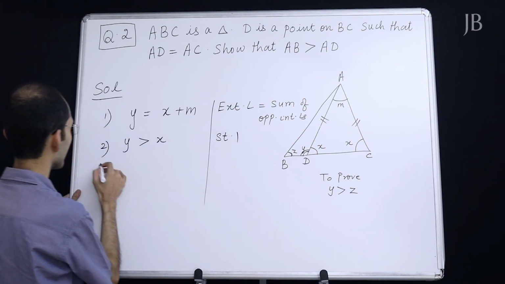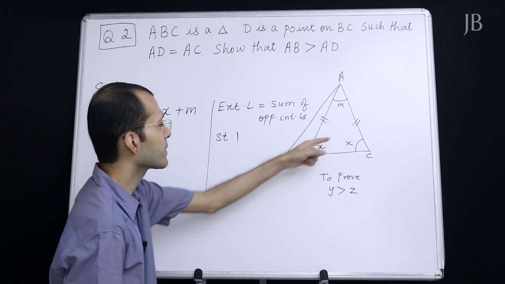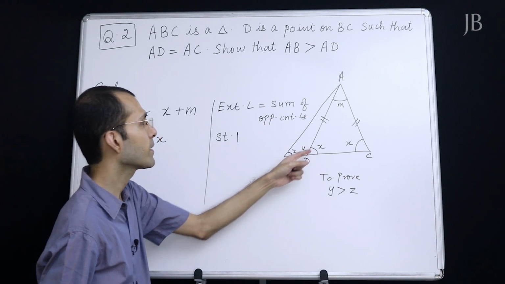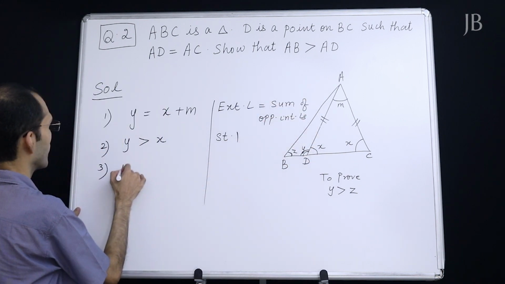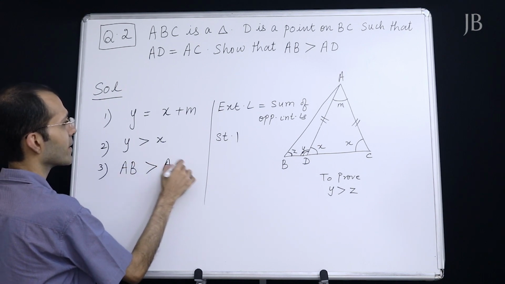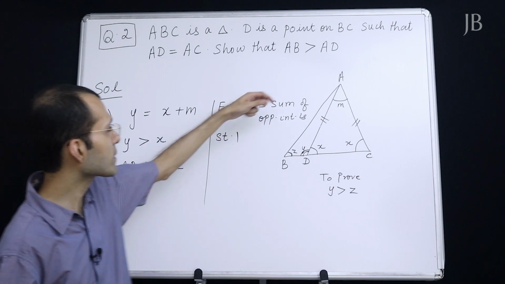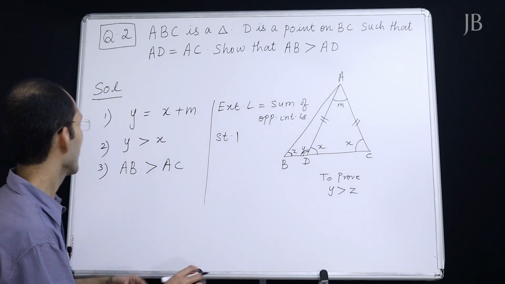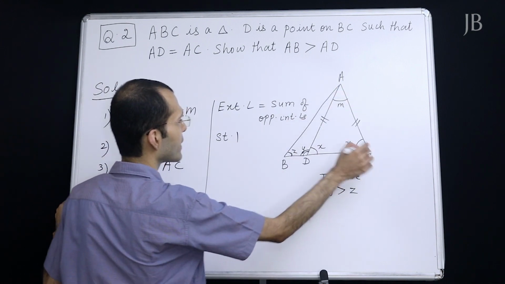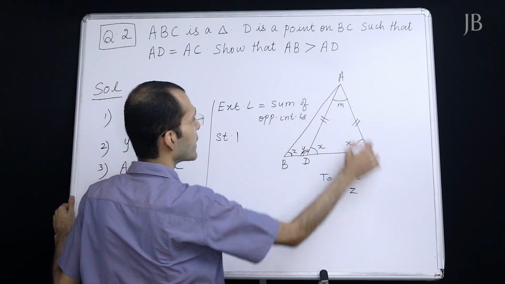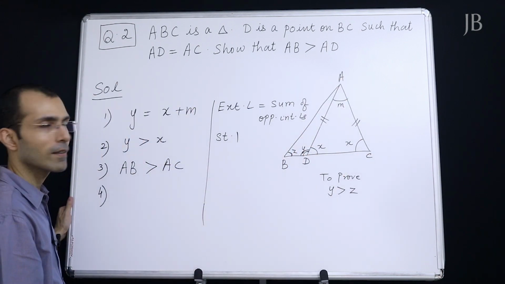Statement 1. If Y is greater than x, which is the side opposite to Y? AB. So AB will be greater than AC. Here we are now focusing our eyes on triangle ABC. So AB will be greater than AC. Okay. But AC and AD are equal.